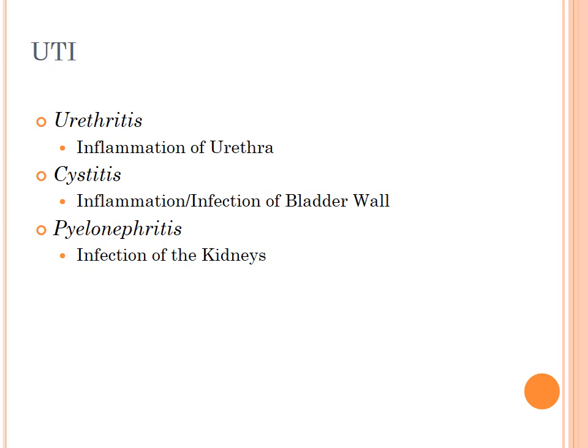Pyelonephritis is an infection of the kidney. So it could be in one or both kidneys, infection of the pelvis and tubules. It usually is from a lower tract infection that goes up the urethra to the bladder and then up.